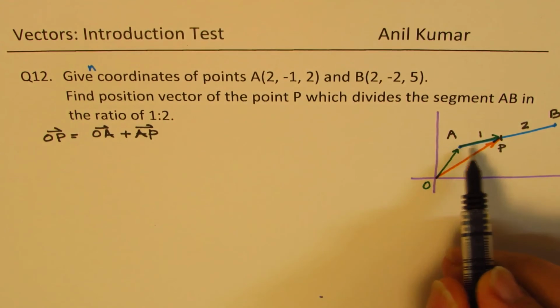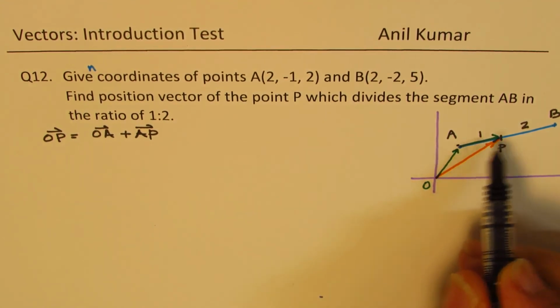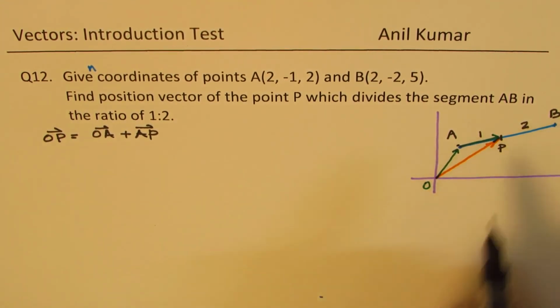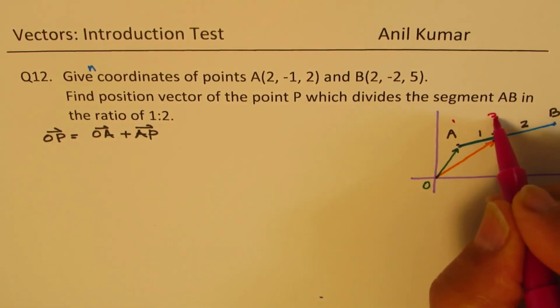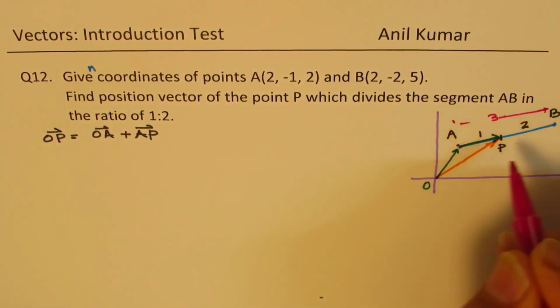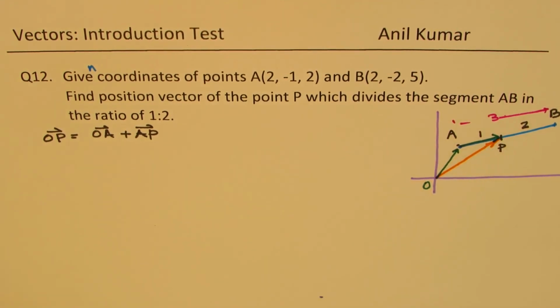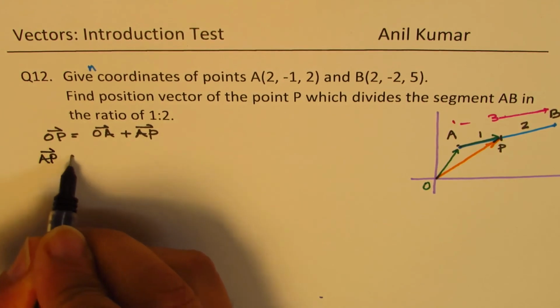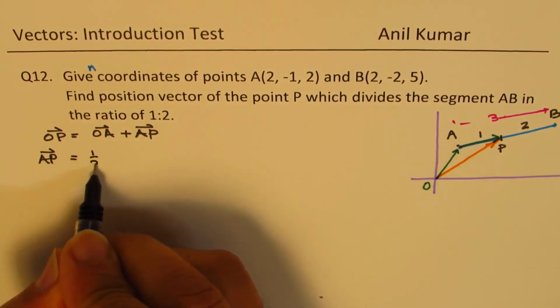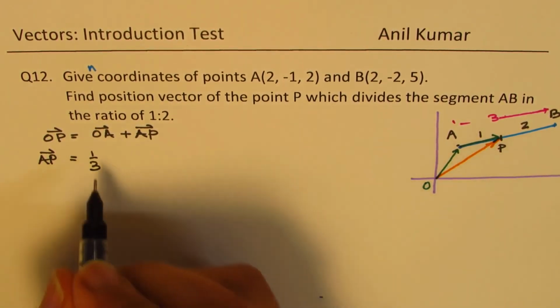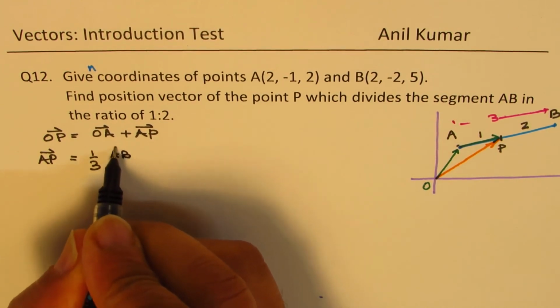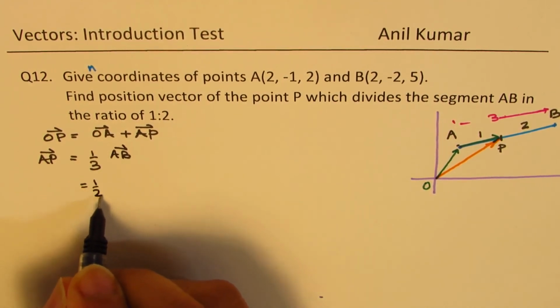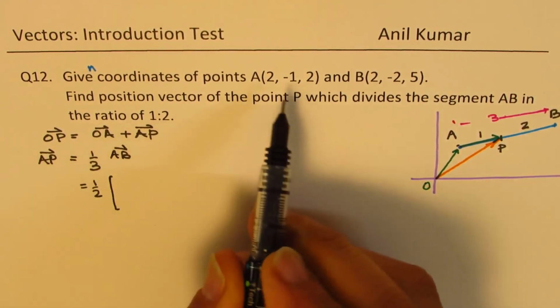Now, AP is 1/3 of AB, right? So the total is 3. If A to B is 3 units, then with the ratio 1:2, we can say that AP is basically 1/3 of A to B.